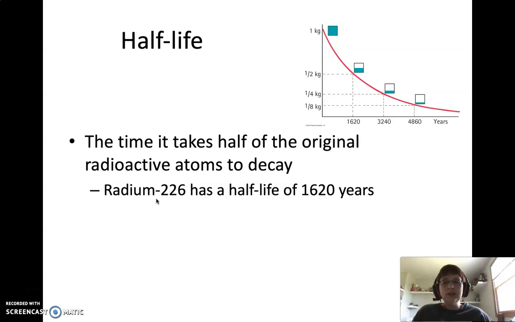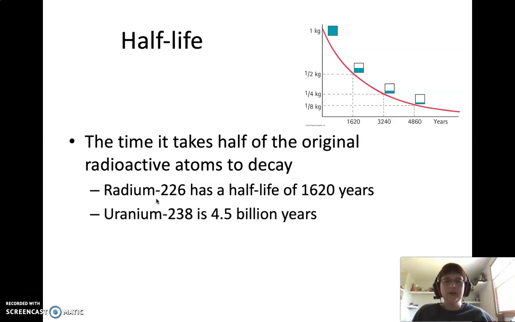And we're going to see in the next lecture that there are radioactive forms of lower number elements. Most of the elements we focus on for radioactivity are those higher number elements, but we'll also see that there are lower number radioactive elements. And the half-life changes drastically depending on the element.